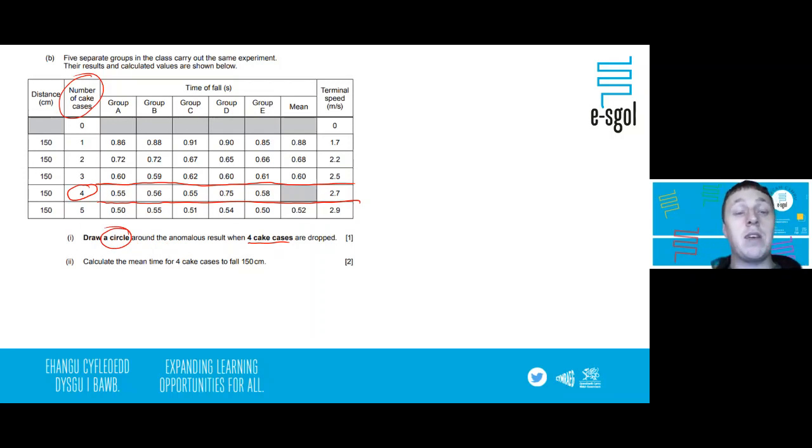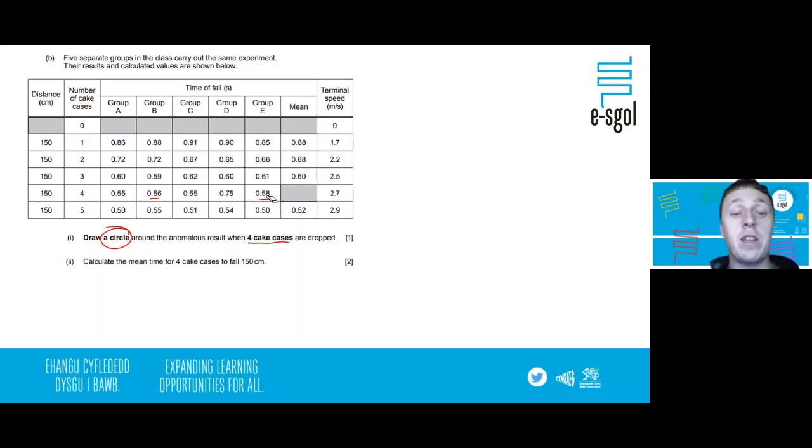Anomalous means a value that you've measured that does not fit the trend. So for 4 cupcake cases, what you hopefully see are values of 0.55, 0.56, 0.55 again, 0.75 and 0.58.